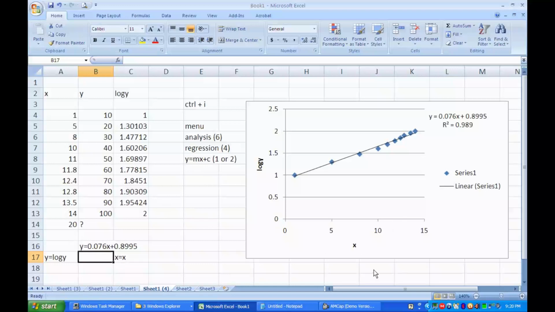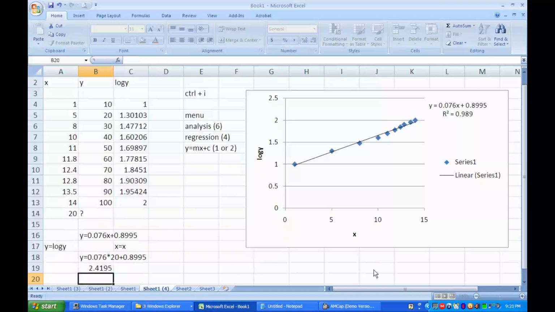So we can do y equals 0.076 times 20 plus 0.8995. And you should get exactly this number. So you would expect log of y at x equals 20 to be 2.4195.